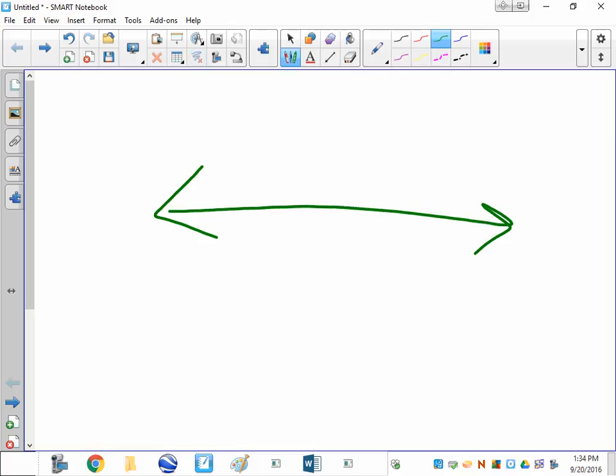Okay, let's do something a little bit different. 10 is greater than 2x minus 6 divided by 4. What am I going to move first? Nope. So the first thing that happens to x is 2x.